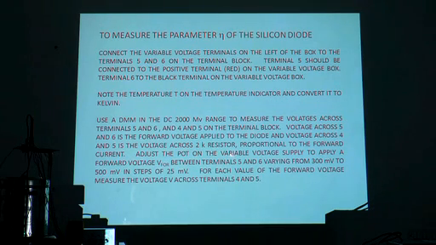Adjust the potential on the variable voltage supply to apply a forward voltage between terminals 5 and 6, varying from 300 millivolt to 500 millivolt in steps of 25 millivolt. For each value of the forward voltage, measure the voltage across terminals 4 and 5.